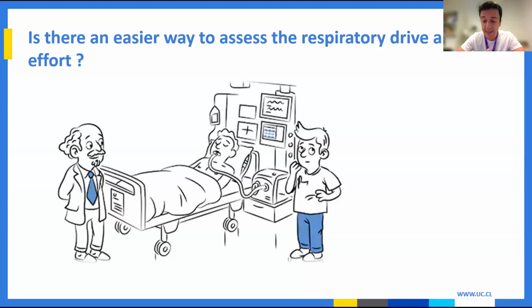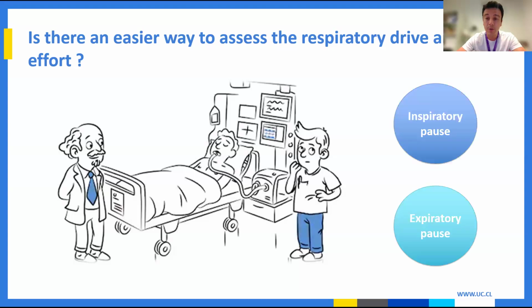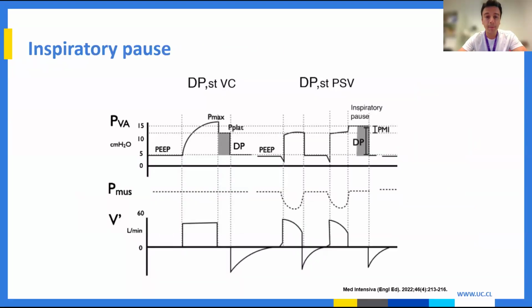And the answer is yes. We can use the tools that we have at the bedside with the ventilator, and we can use some inspiratory and expiratory holds. During assisted ventilation, we can also have this inspiratory pause.